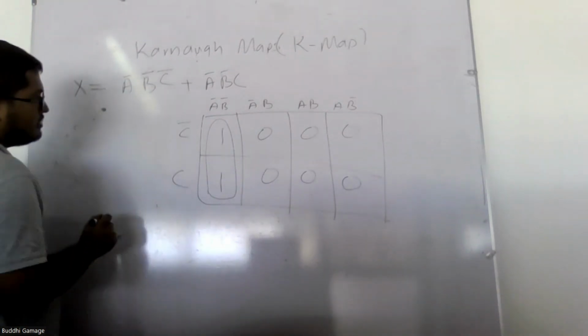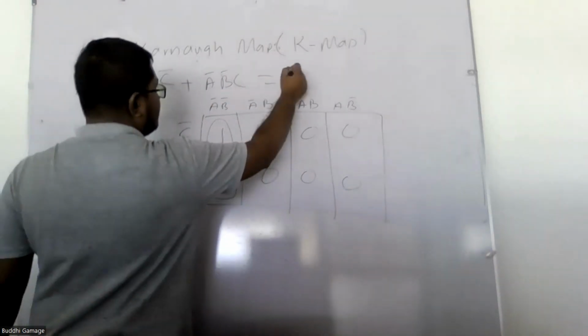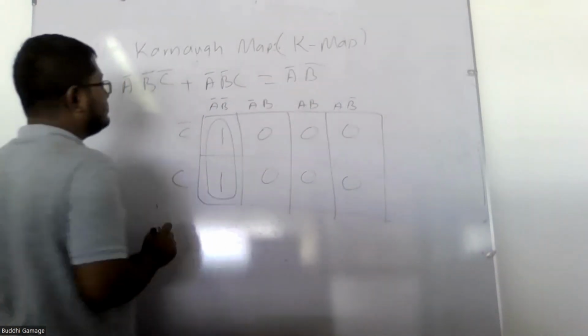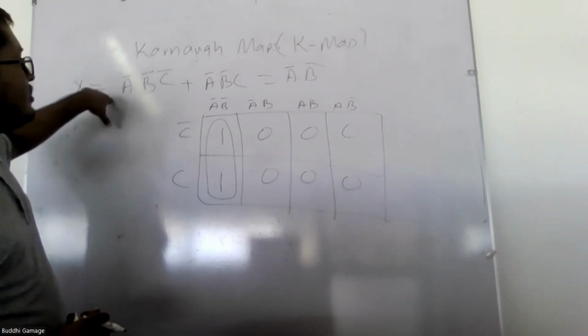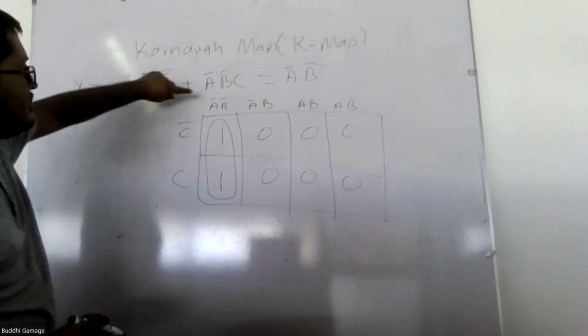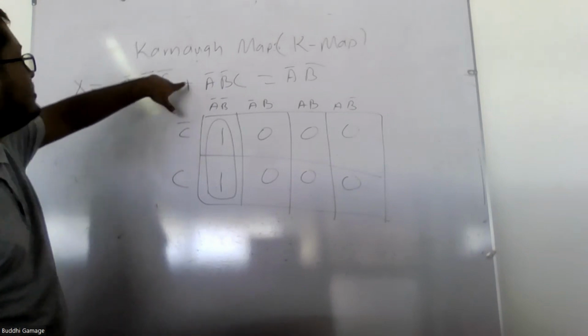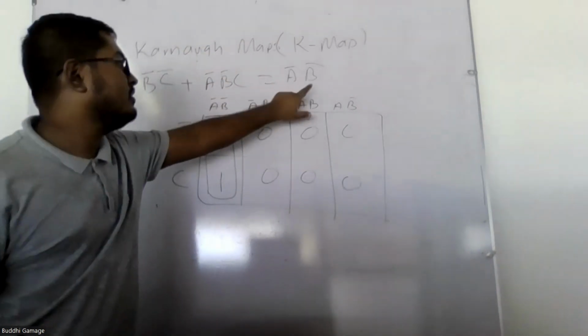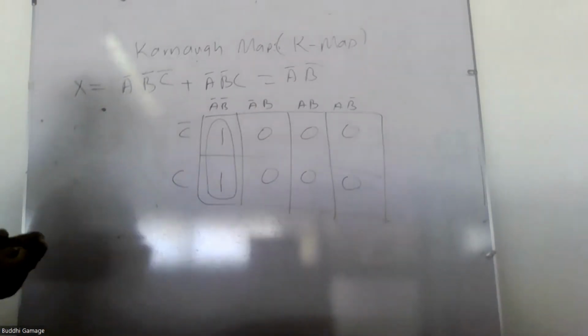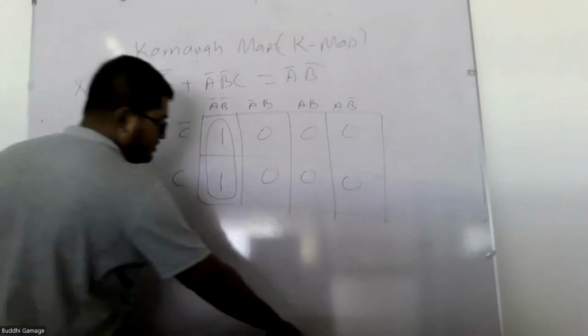So that means our answer is A bar, B bar. If we take A bar, B bar out of this expression, it's going to be C plus C bar. C plus C bar is 1. So our answer will be A bar, B bar. Right.